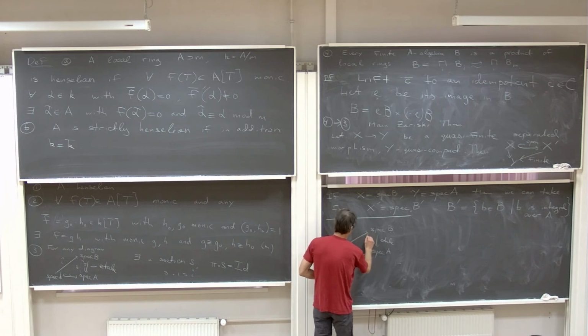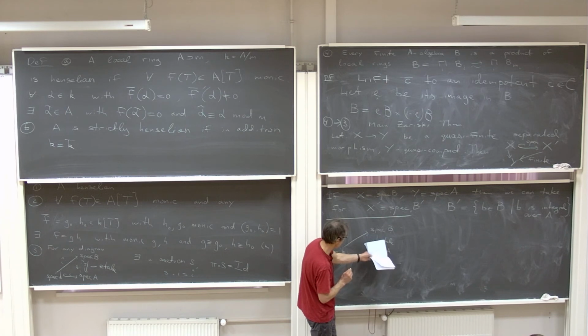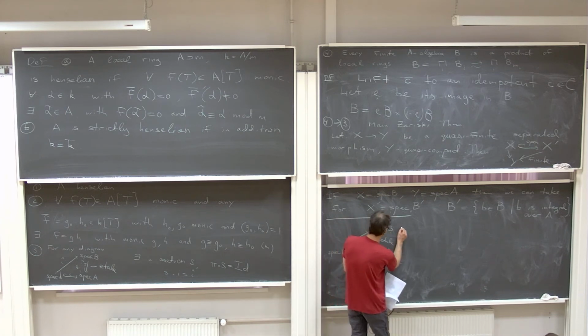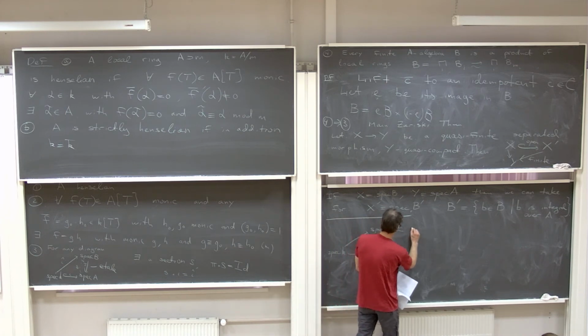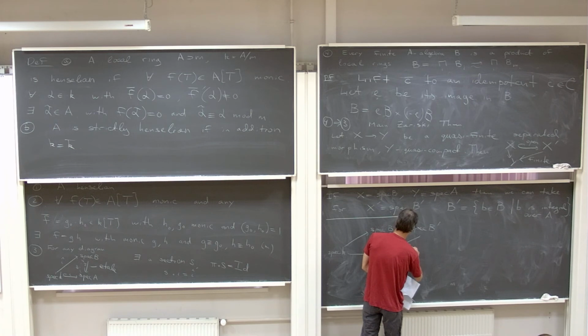So I have this map, and now I use Zariski's Main Theorem to embed it. It's an open subset of something finite. And this is finite, and this is open.